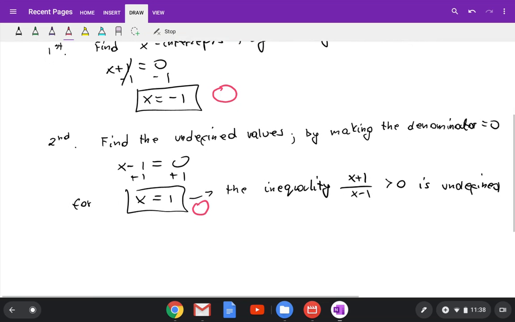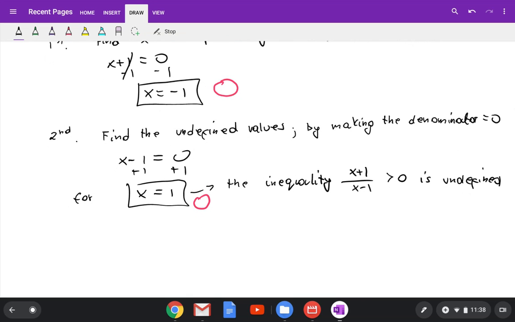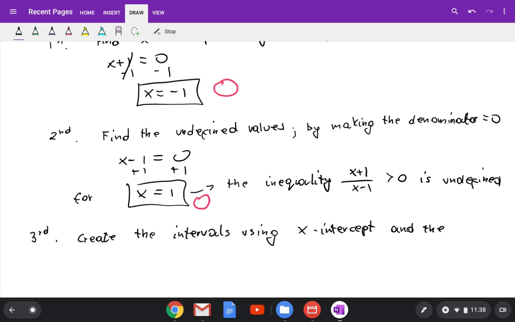So third, we're ready to create a number line and intervals. Create the intervals using the x-intercept and the undefined value, and do the test.